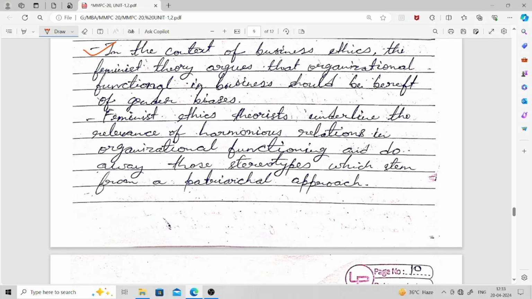Feminist ethics theorists underline the relevance of harmonious relations in organizational functionality to do away with those stereotypes which stem from a patriarchal approach. It emphasizes harmonious relations in the organization, and this will do away with those stereotypes which stem from the patriarchal approach. So as opposed to the patriarchal approach, the feminist approach is harmonious relations.